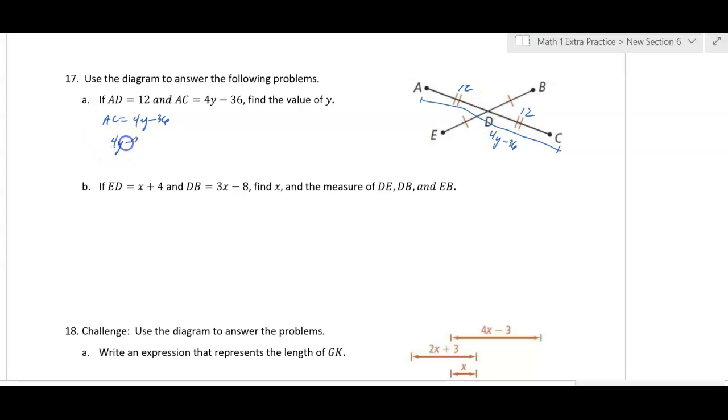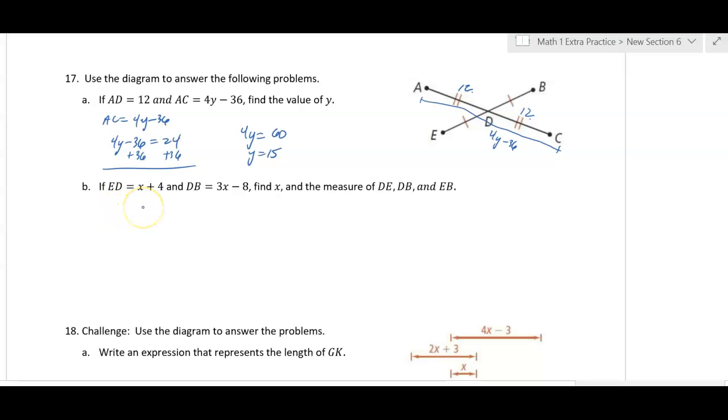So I could take 4y minus 36, and 12 plus 12 would be 24. So set it equal to 24. I'm going to add 36. 4y equals 60. Y equals 15. Okay.